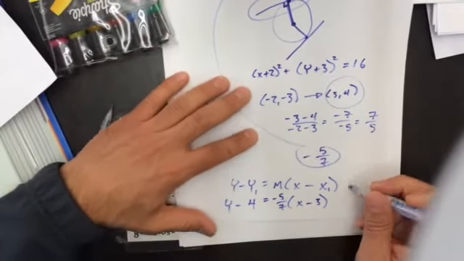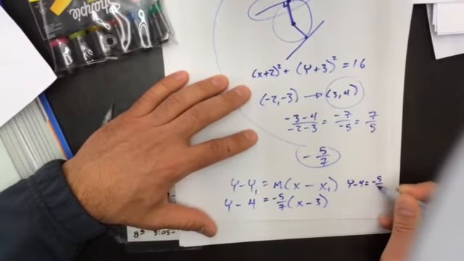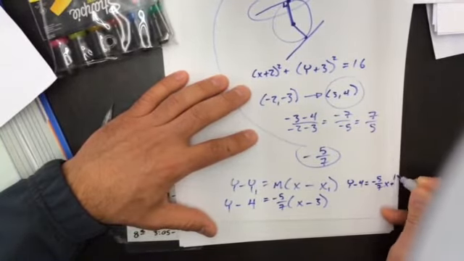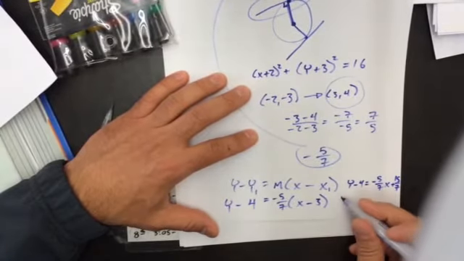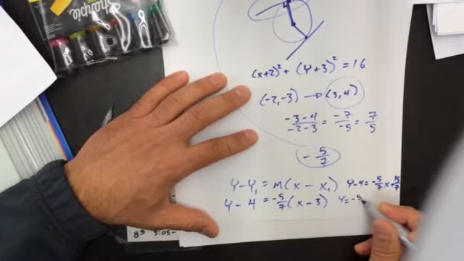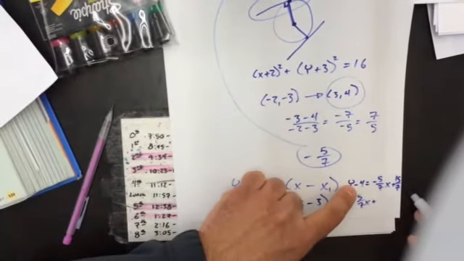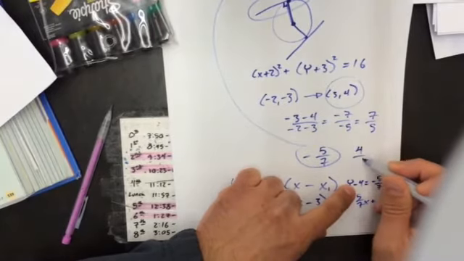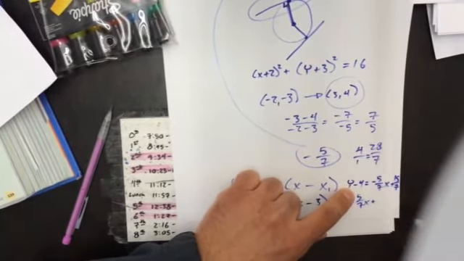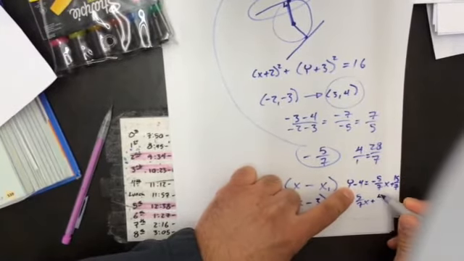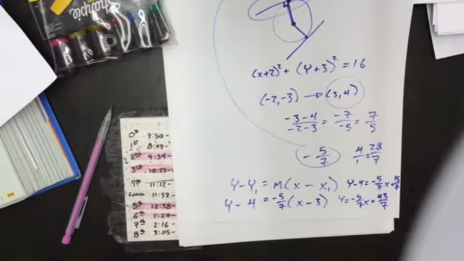So I'm going to distribute here. And then I just want to bring the 4 over. When I add 4, I need it to have a denominator of 7, so 4 over 1 equals 28 over 7, plus 15, 43 over 7. That's it for the tangent line.